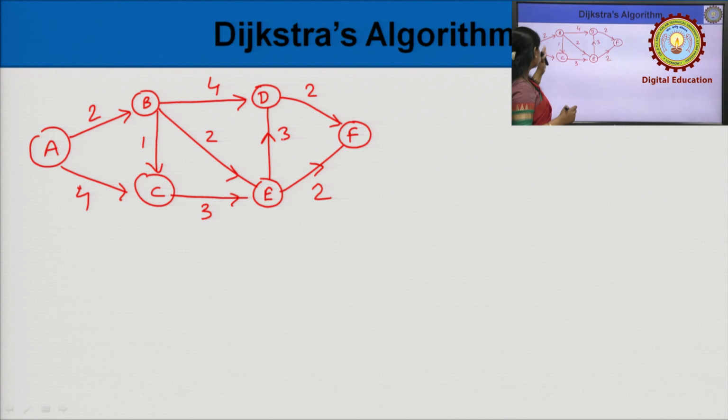From vertex A, what is the shortest path from A to B, A to C, A to D, A to E and A to F.